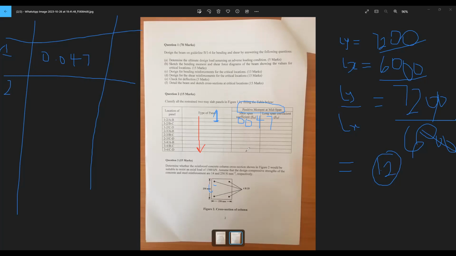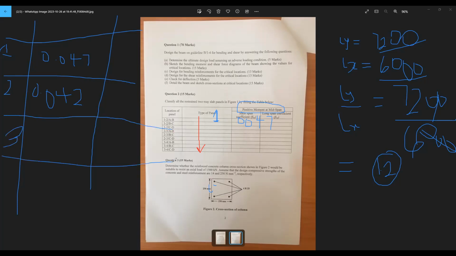Under 1.2, we see that we have a value of 0.042 for the positive moment at midspan for one long edge discontinuous. So here is 0.04. So that is the value we are looking for.